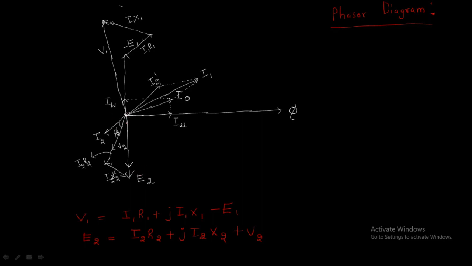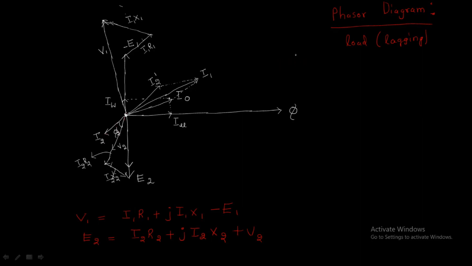Just observe here. Next, in the secondary case we have V2. V2 is the supply voltage. First you have to draw this V2, and assume a lagging load. Whenever the load is lagging, the current automatically lags the voltage by some angle. We don't know that angle, so take it as phi 2.